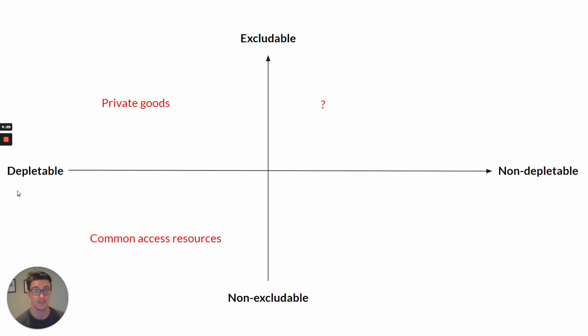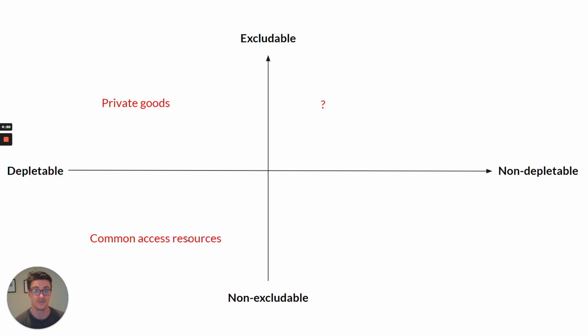They're both depletable and excludable. Okay, so we can't sit in the same seat, we can't eat the same cheeseburger, we can't own the same iPhone, which means they're depletable, and they're excludable because it's possible, fairly cost effective, for a business to stop us from using them if we don't pay.